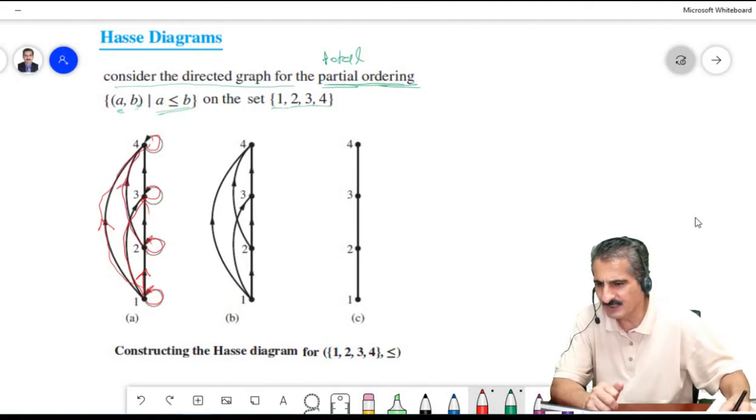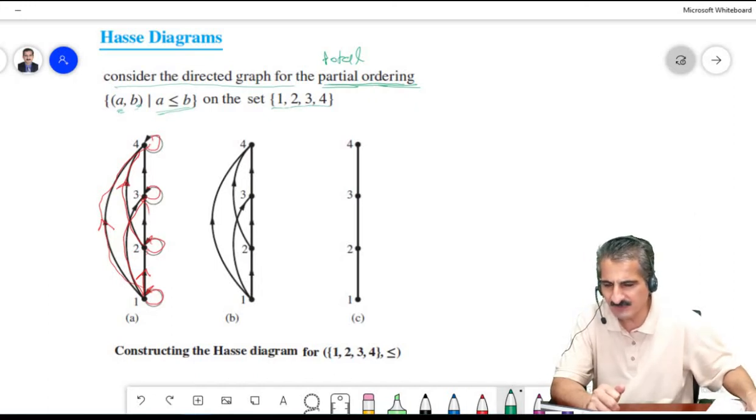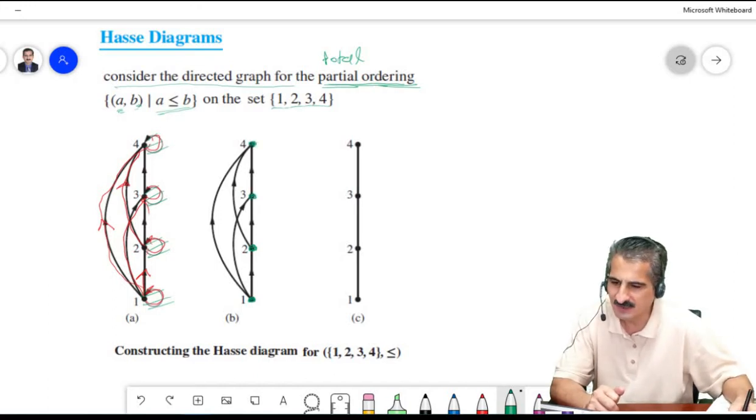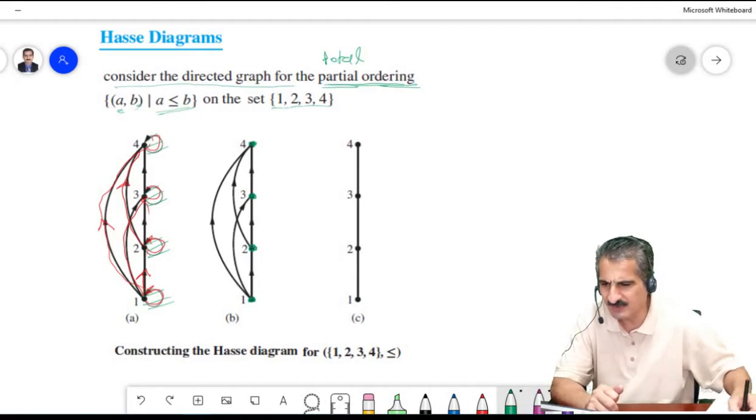So at the first step we say, okay, we want to get rid of these loops here. Just make nodes, which means we understand there are loops at these nodes. And now we again say, okay, let's get rid of these lines here, like from 1 to 4. I want to get rid of it.